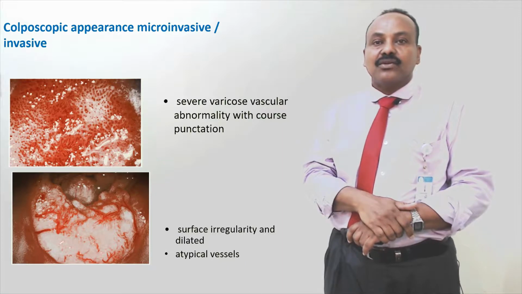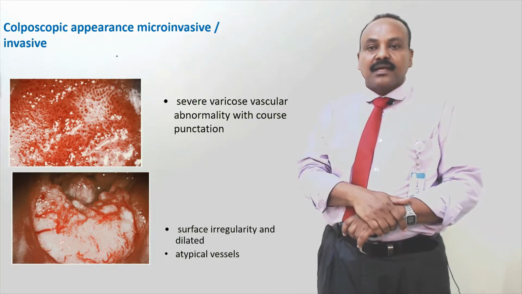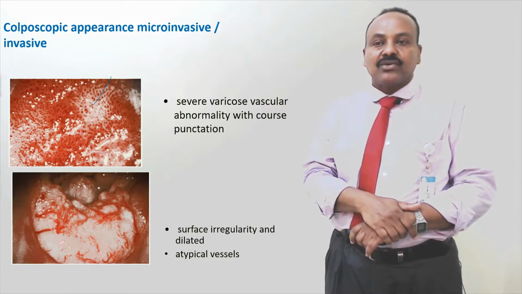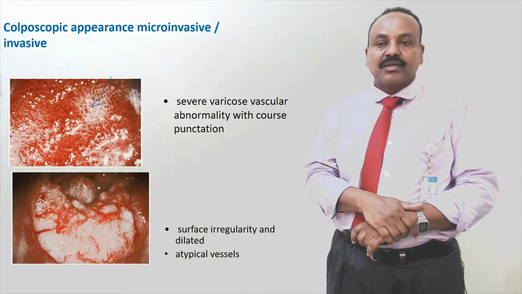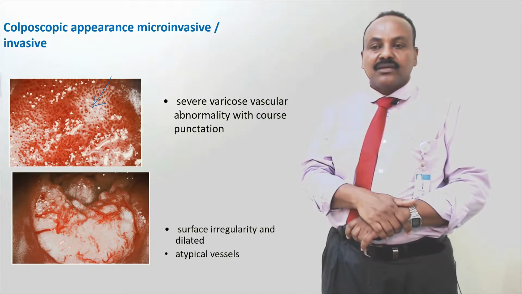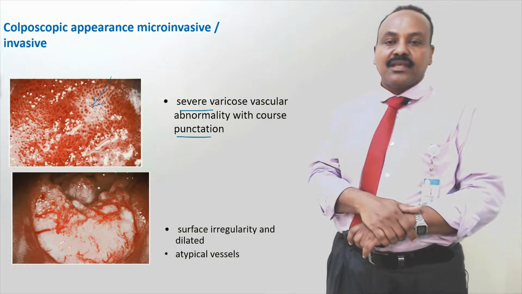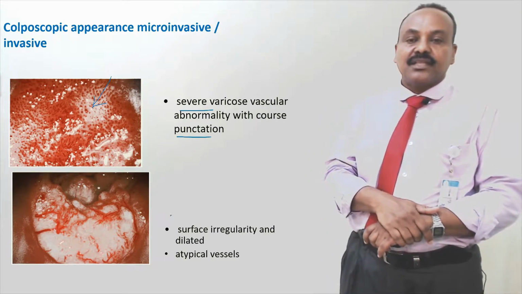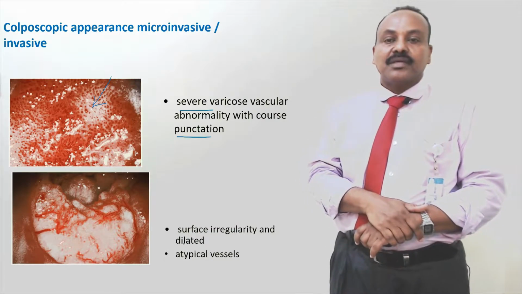Here, this is a colposcopic appearance of microinvasive carcinoma. You could see in the upper picture varicose vascular abnormalities with punctuation, and also there is surface irregularity in the lower picture. You can also see this in detail in a colposcopic workshop.